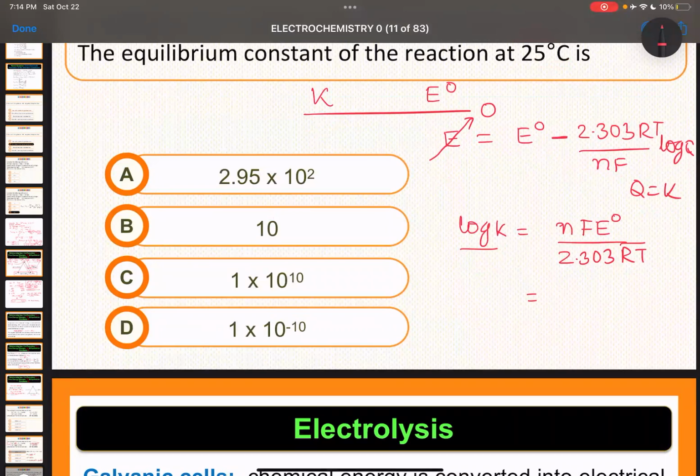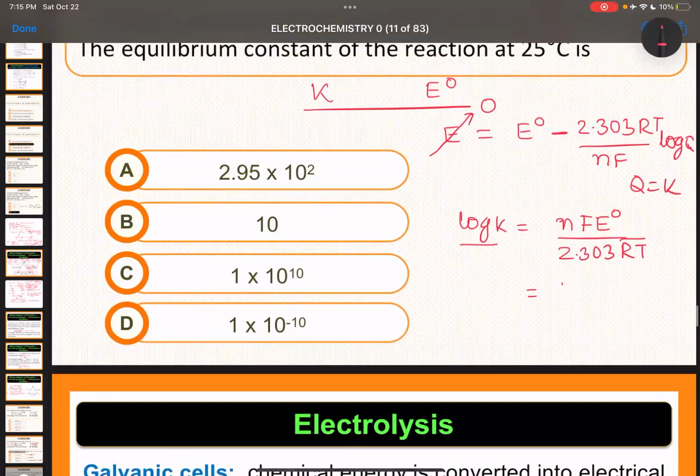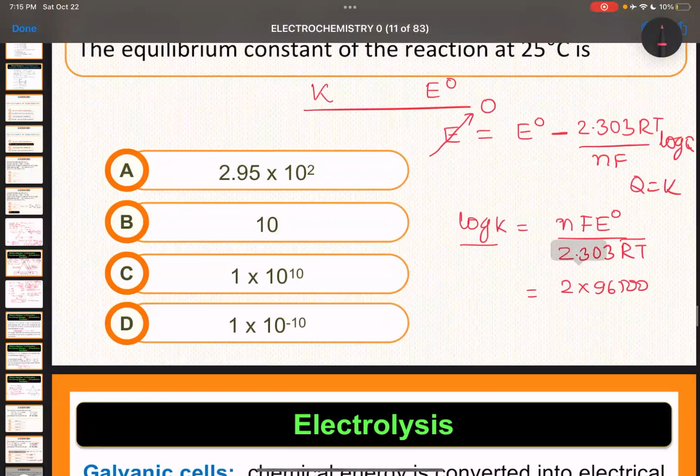So nFE naught, n is already given as 2, and E naught they have given as 0.295.